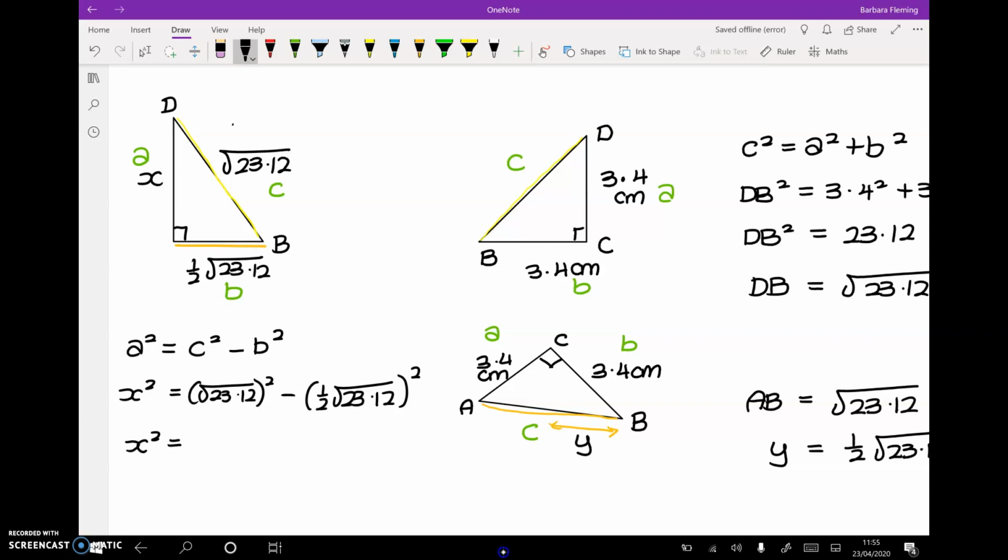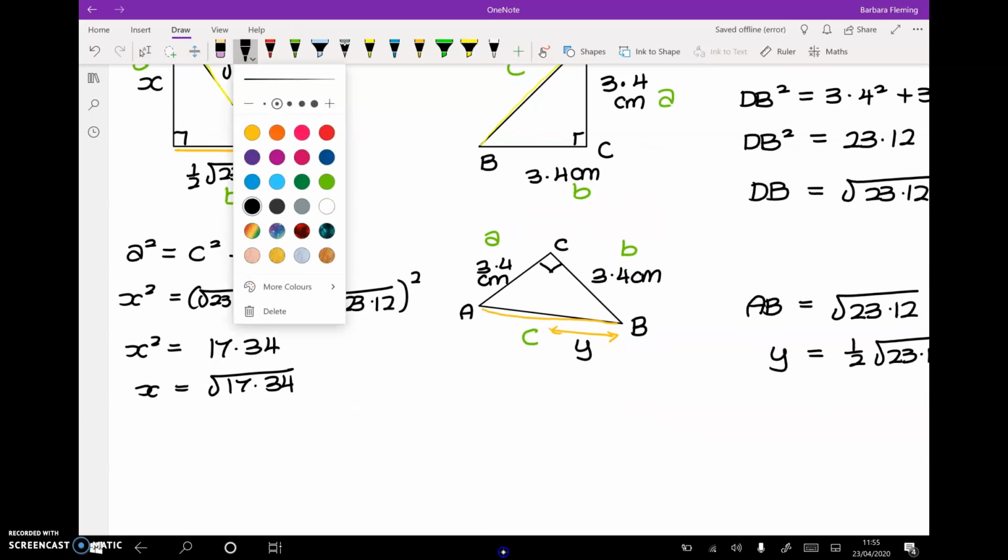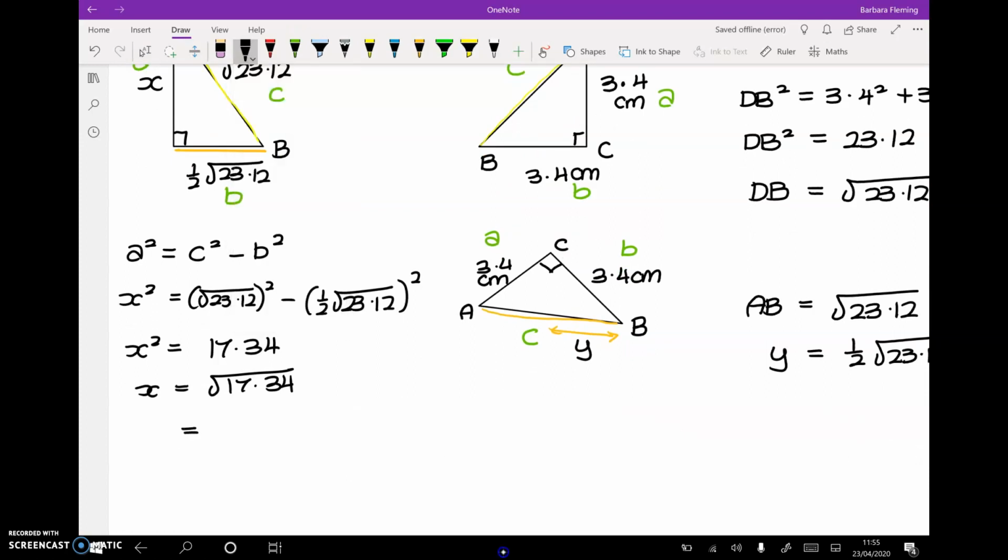Take away, open your bracket, a half or 0.5 times by your square root of 23.12, use your arrow, close your bracket, all squared, equals, and you should get 17.34, and then x will be the square root of 17.34, which will give you 4.1641, and again to one decimal place, 4.2 centimeters.